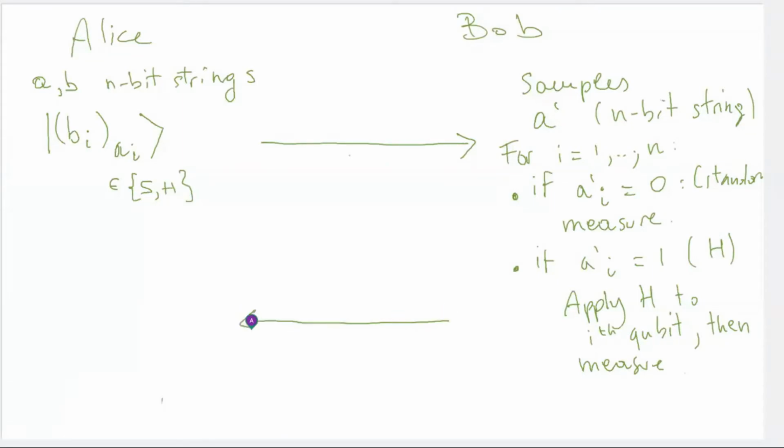Let's say the outcome of these n measurements is some string B prime. Bob reports this string B prime back to Alice. This is a string of n bits again. These are the outcomes of all of the n measurements that Bob has made.